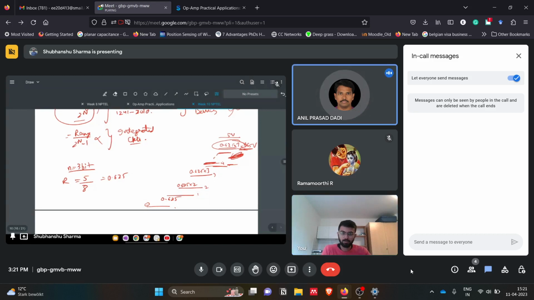So 3-bit means 8 levels, 4-bit means 16 levels. That is fixed. So that means all the time I take the best resolution only. It is good to have it; nowadays in my research, I use a 14-bit ADC.